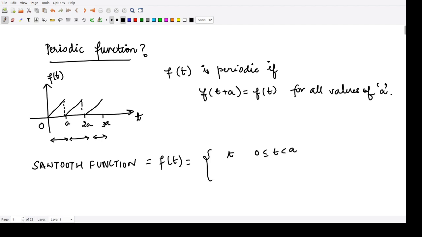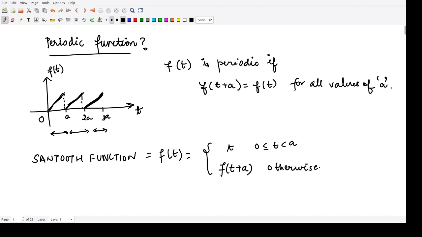This is a straight line passing through the origin, y is equal to x, and this is also a straight line y is equal to x, but displaced by a units, and this one is displaced by 2a units, and so on. Whenever it is between 0 and a its value is t, otherwise it is f of t plus a. So it is a periodic function.